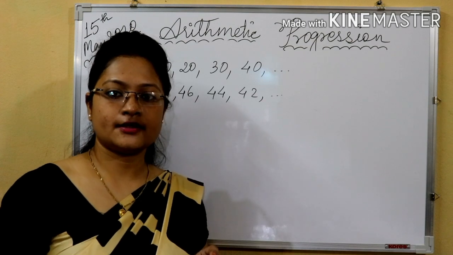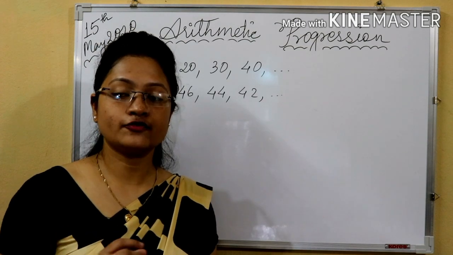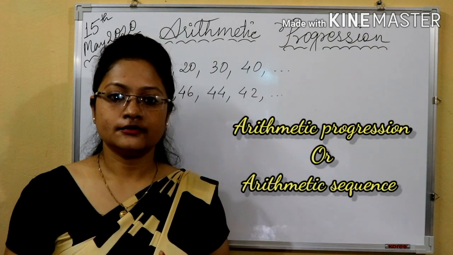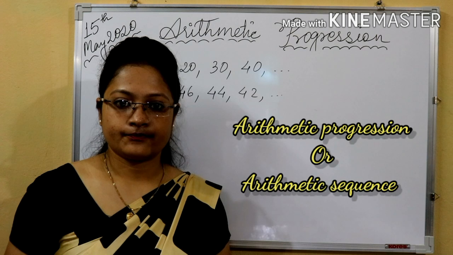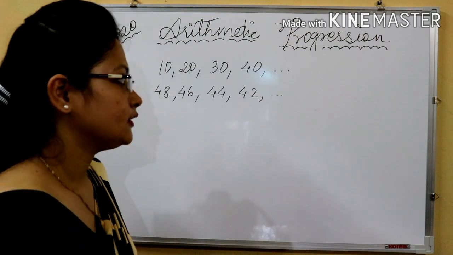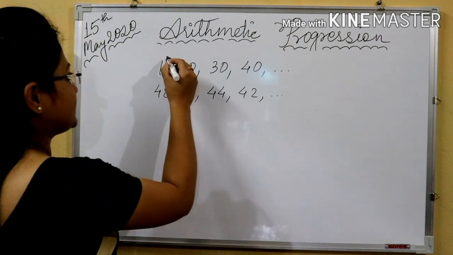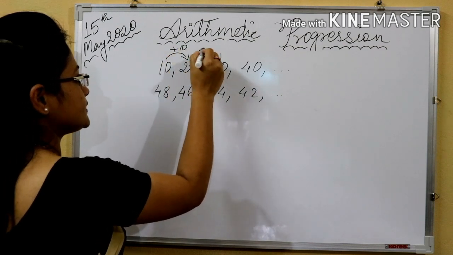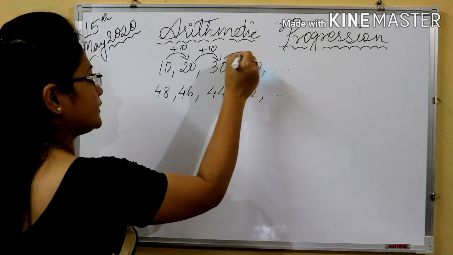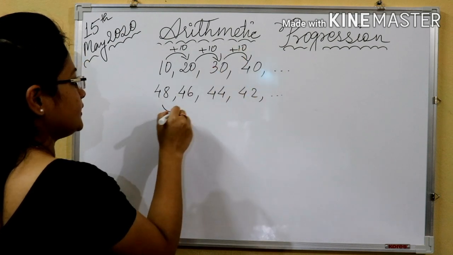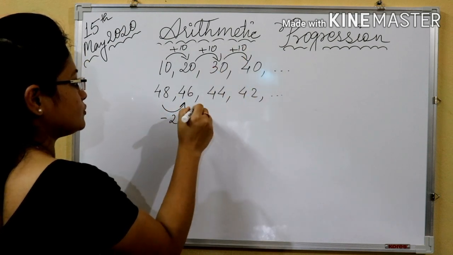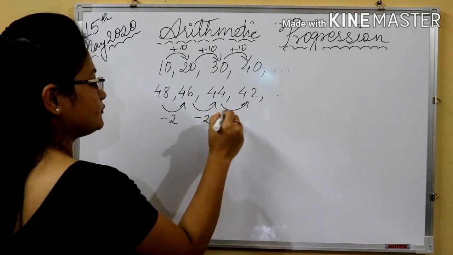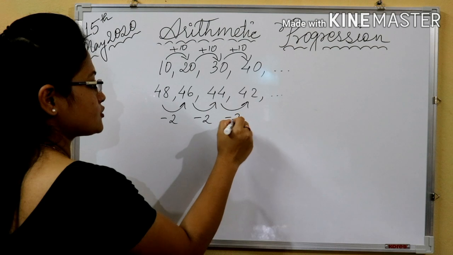Such a list of numbers is said to form an arithmetic progression or arithmetic sequence. So here, 10 to 20 is plus 10, 20 to 30 plus 10, 30 to 40 plus 10. Similarly, 48 to 46 is minus 2, 46 to 44 minus 2, 44 to 42 minus 2.